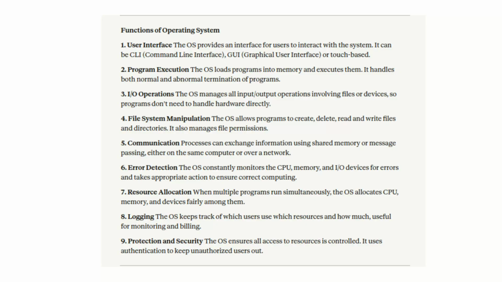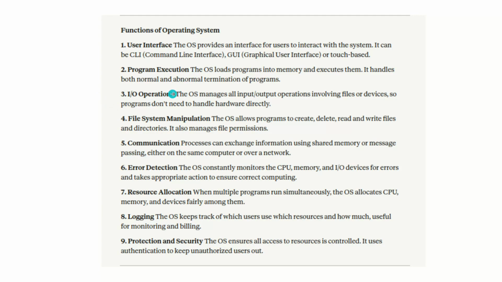So you have to understand that the OS can manage all these input and output device operations. Since the OS is managing all the input and output operations, programs don't need to handle the hardware directly. The programs can indirectly, with the help of the OS, handle all this hardware.